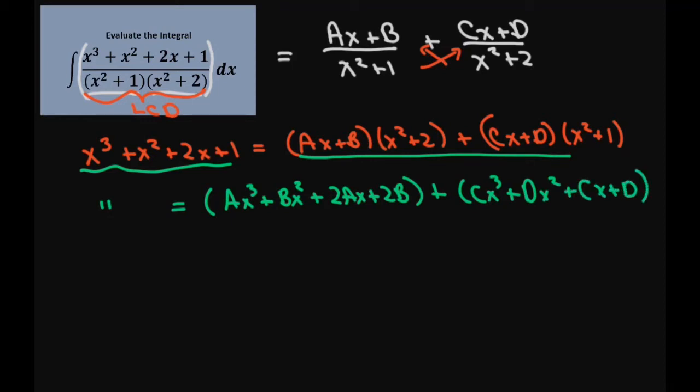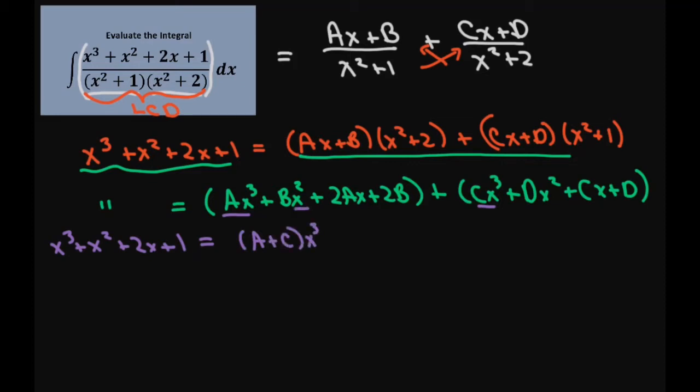All right. Now what we want to do is group our coefficients together. So we have x cubed plus x squared plus 2x plus 1. And for my cubes, I'm going to get (a plus c) times x cubed.